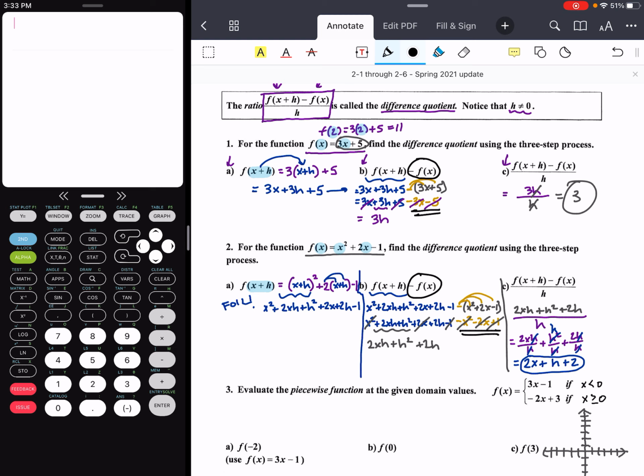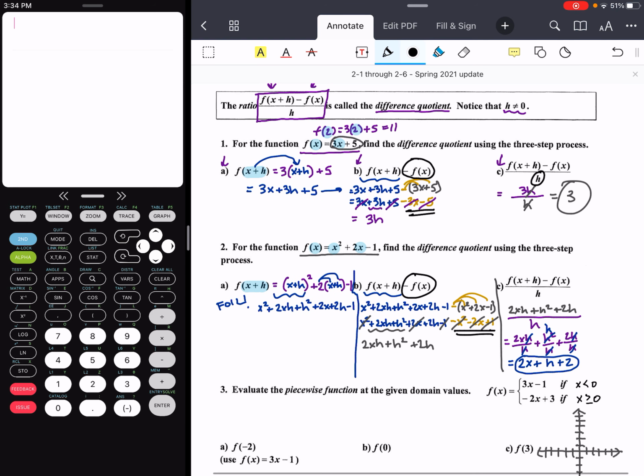The other thing that I want you to notice is at the end of this, when we do this divide by h step, notice that h is entirely absent from our denominator at the final answer. We didn't get 2x plus h plus 2 over h. If I did, I would say, ooh, something's wrong. There's an h in my answer, but there's not an h in the denominator, okay?